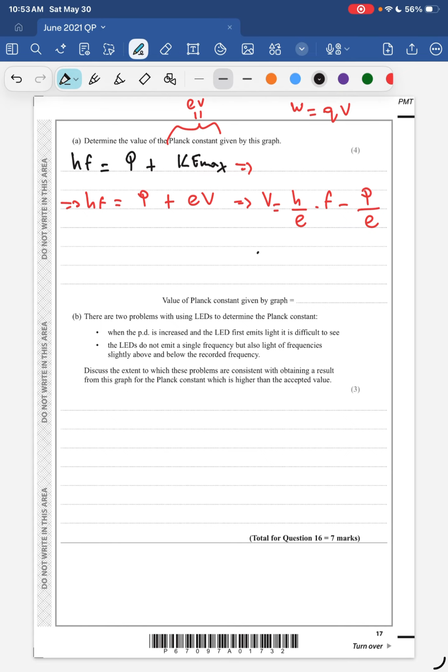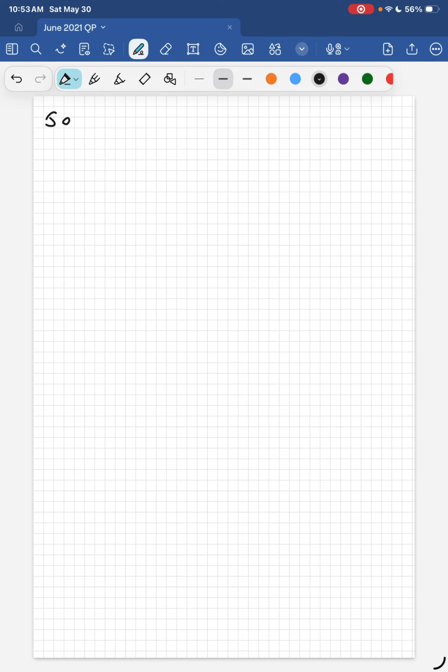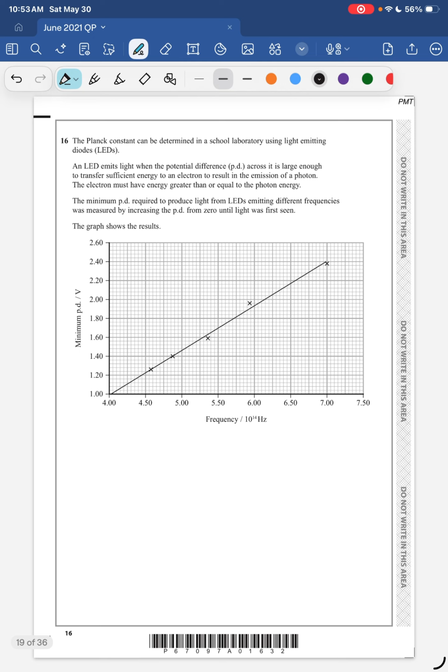So this has the form y equals mx plus c. So I'm going to use a clean page. The gradient is going to be H over E, but the gradient is delta V over delta F. So if we combine, we see that H is E times delta V over delta F. So 1.6 times 10 to the negative 19 times delta V. Let's go to the graph.